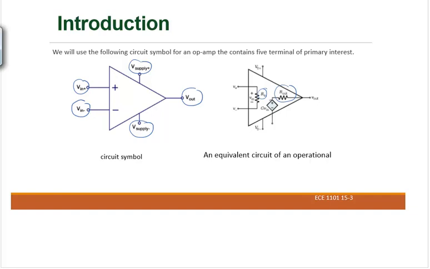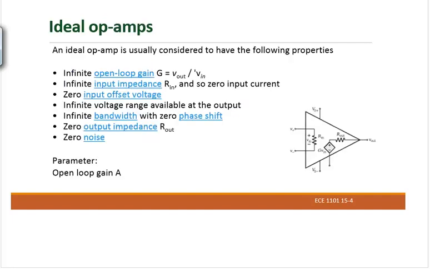We have a voltage controlled voltage source on the output side, G V in. V in is the difference between the two voltage inputs, Vs negative and Vs positive. We're gonna look at the internal value or equivalent circuit later one more time.